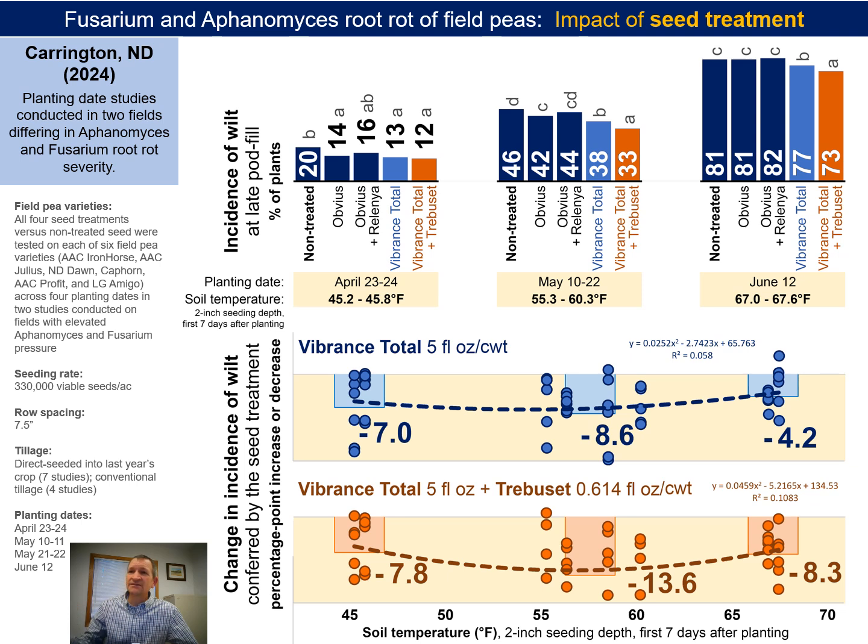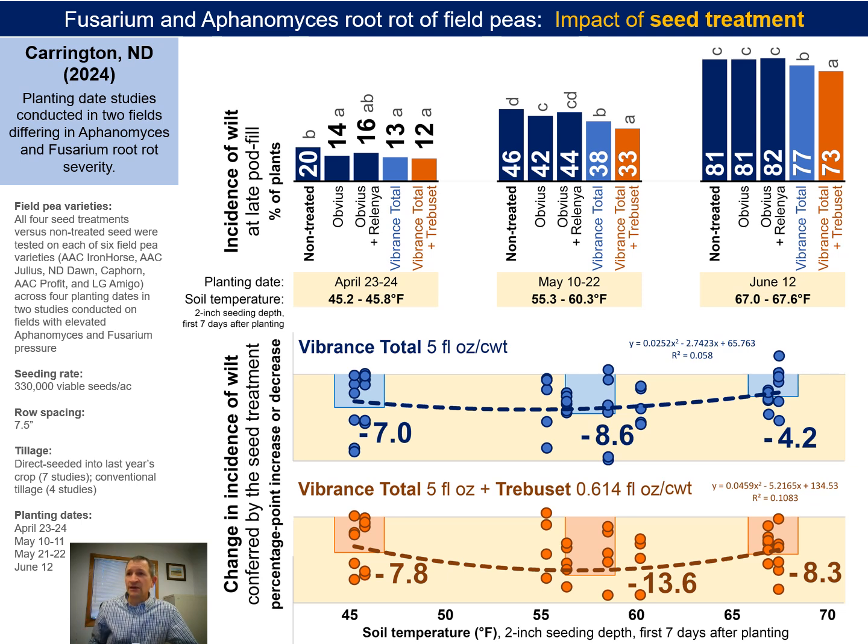The real gains to reducing wilt symptoms with Trebuchet came in the warmer soils, especially those intermediate soil temperatures. You actually see a statistically significant reduction in end-of-season wilt symptoms with the Trebuchet as you get into soils above 50 degrees Fahrenheit in the 7 days after planting.